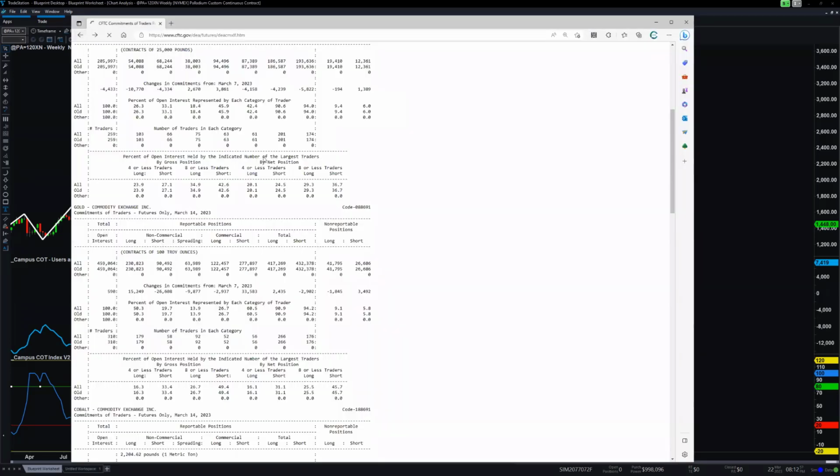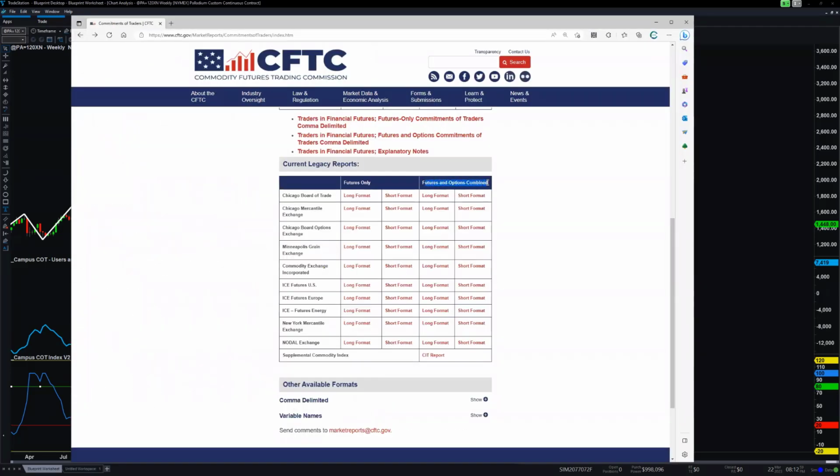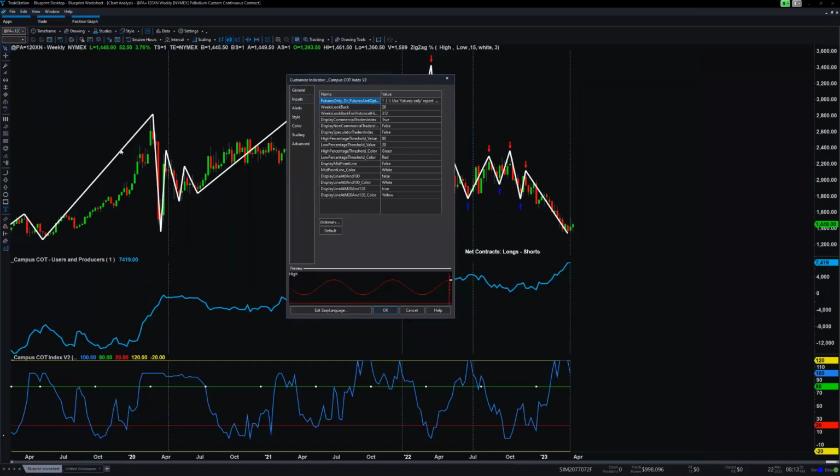And that's just the legacy report, futures and options combined, so that may be slightly different. For the sake of our analysis, we don't need options, we just need futures, and hence we leave a 1 there to go for futures only.